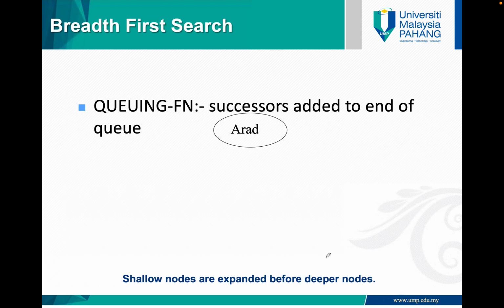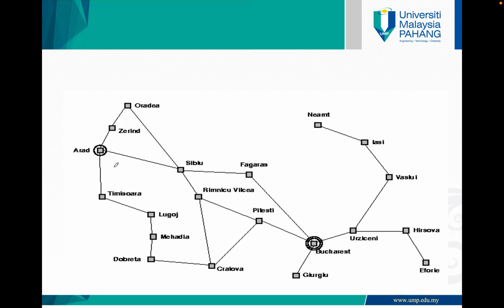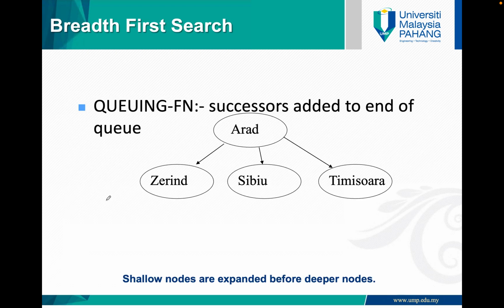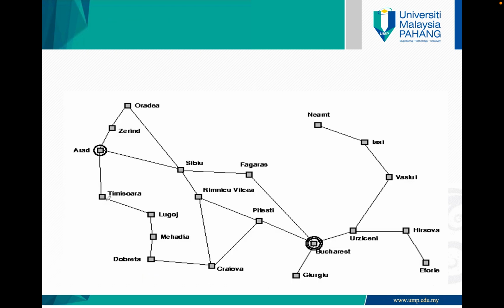So we start with Arad. From Arad, where can we go? We go to Zerind, we go to Timisoara. So now we have added these. Oh, yeah, one more.